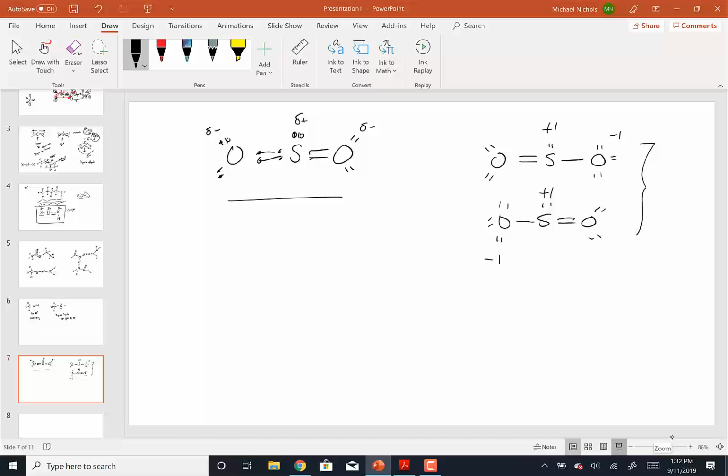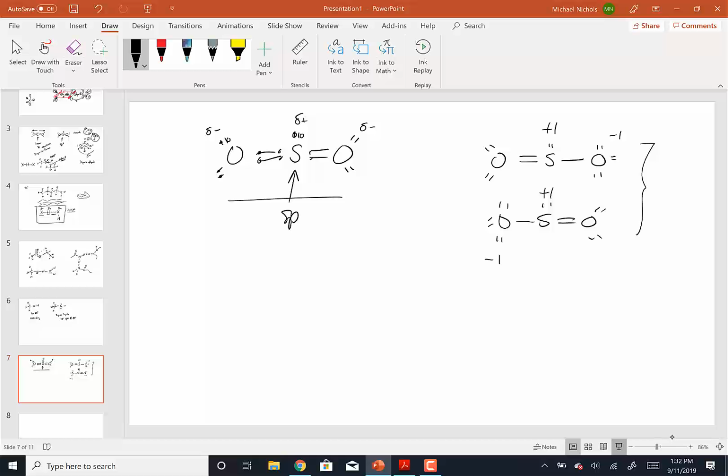So in this case, all 3 of these would have what geometry for sulfur, the central atom? The sulfur would be trigonal planar. How did you know that? What's the hybridization of that sulfur? sp... 2 or 3? 2.